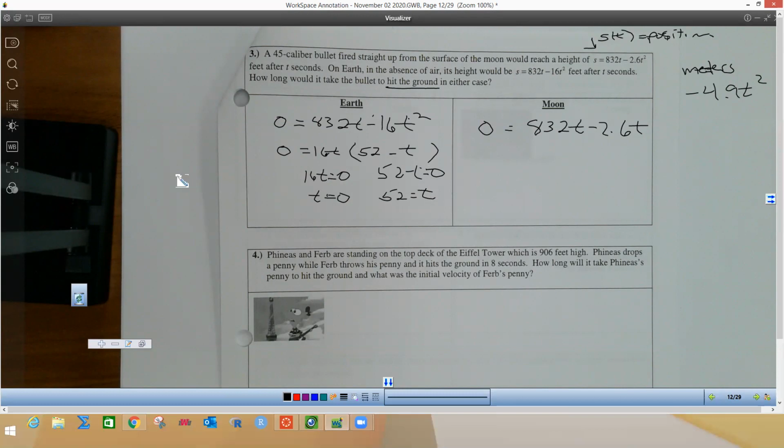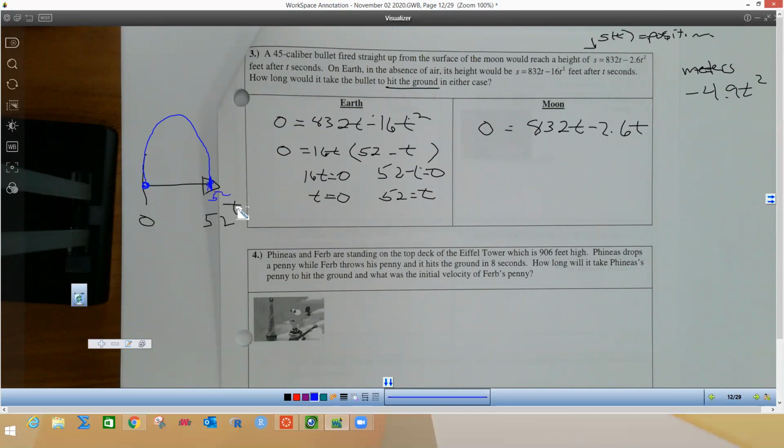So what that tells me is at time 0, this is my timeline, time 0, and out here is 52. They shot that bullet up in the air. And we're saying that the gun was on the ground. They shot it up in the air, and it goes up, and it comes back. Oops, there's 52 right there.